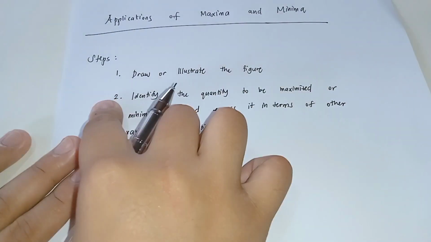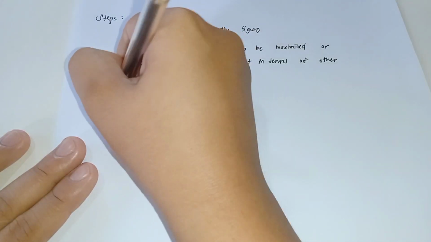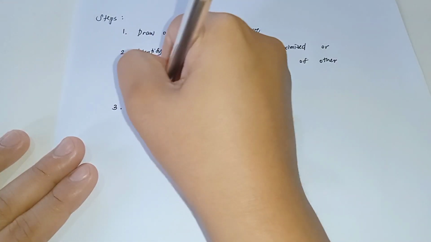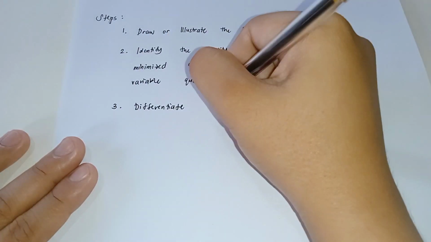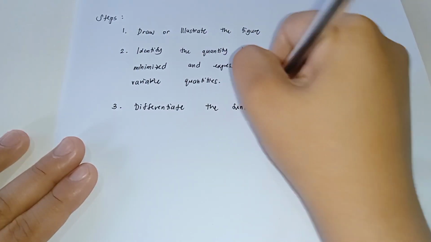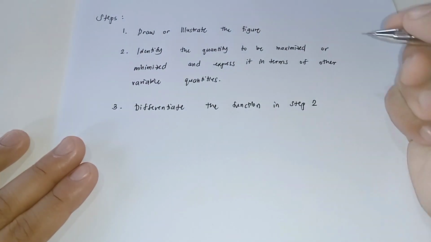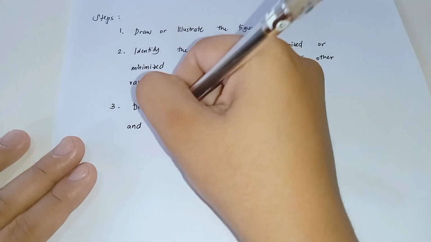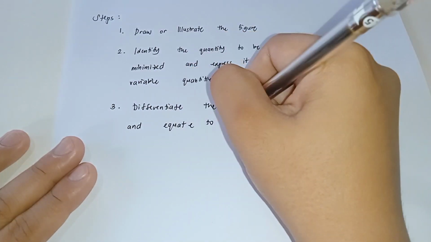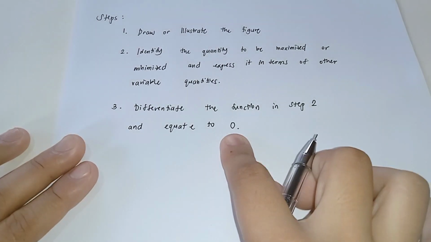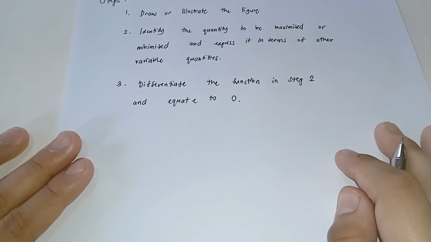If we're done with our second step, then let's proceed to our third step, which is to differentiate the function in step 2 and equate that to 0. Let's just find the first derivative of the function and set it to 0. And that's all for our third step.